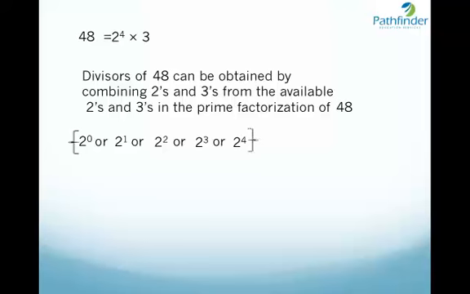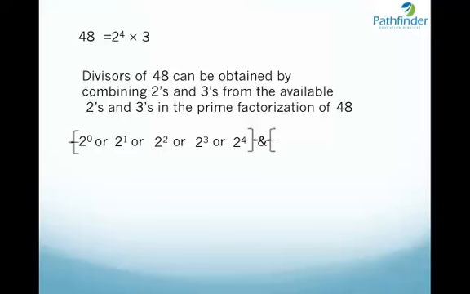So the first bracket represents that for getting one divisor we have 5 choices of selecting 2. Either we don't select a 2 represented by 2 to the power 0, or we select 1 2 represented by 2 to the power 1, and similarly 2 to the power 2, 2 to the power 3 or 2 to the power 4. And we also have to select a 3.